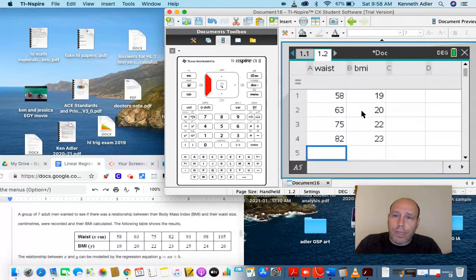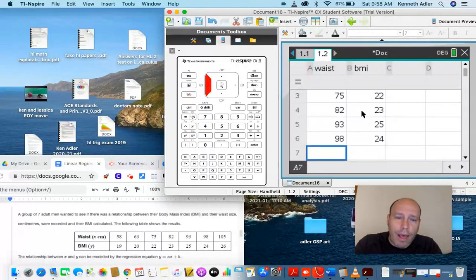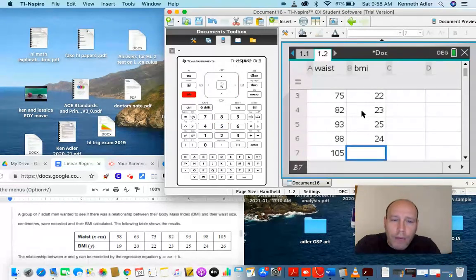The fifth person has a waist of 93 and a BMI of 25. And then let's see, the sixth person has a waist of 98, tab over to the right, and a BMI of 24. And the seventh person has a waist of 105 and a BMI of 26.